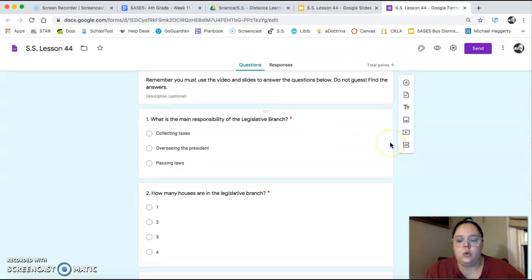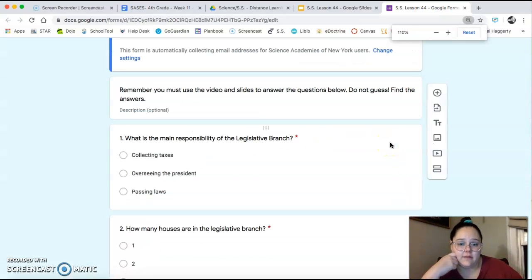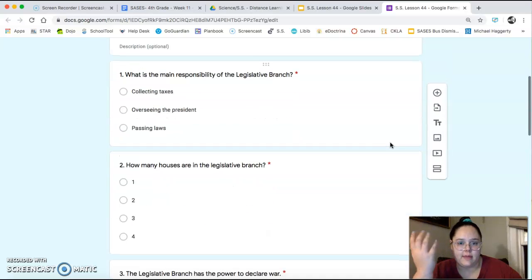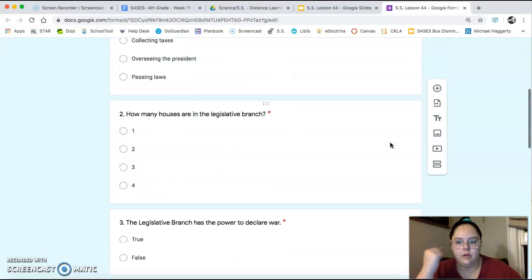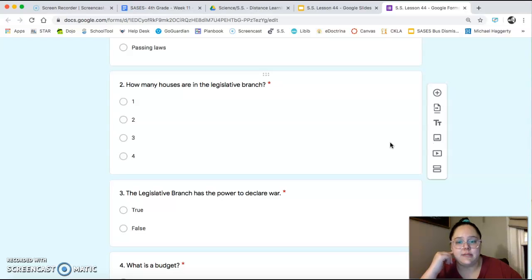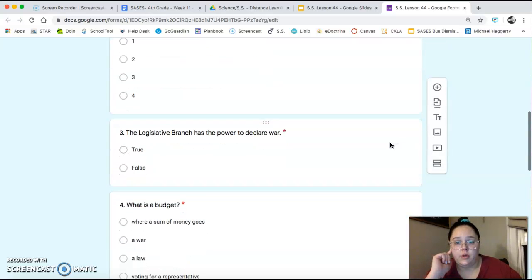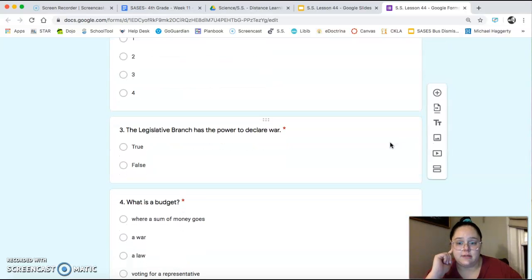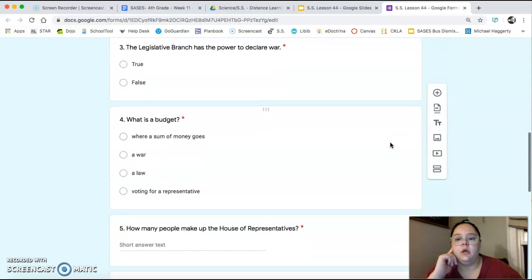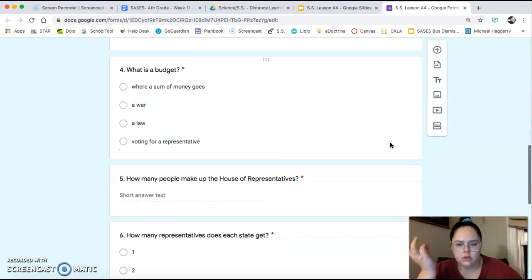Number 1, what is the main responsibility of the legislative branch? So what are they responsible for? What is their job? Number 2, how many houses are in the legislative branch? So how many different parts are there within that branch? Number 3, true or false, the legislative branch has the power to declare war. Number 4, what is a budget?